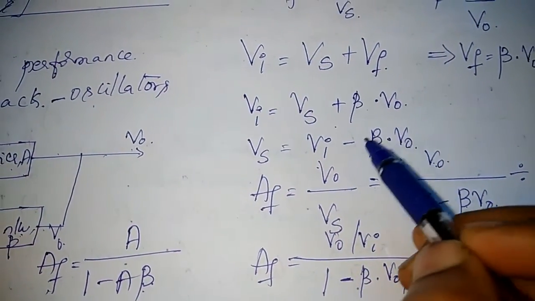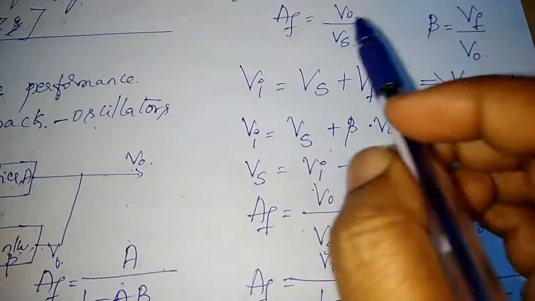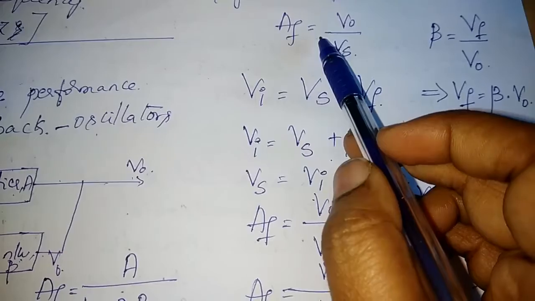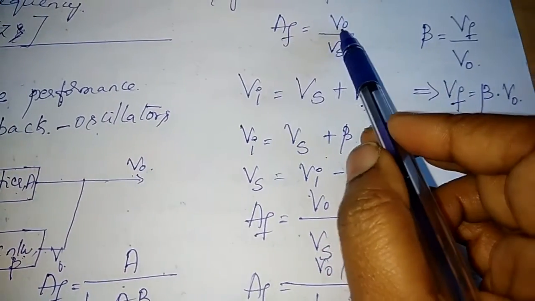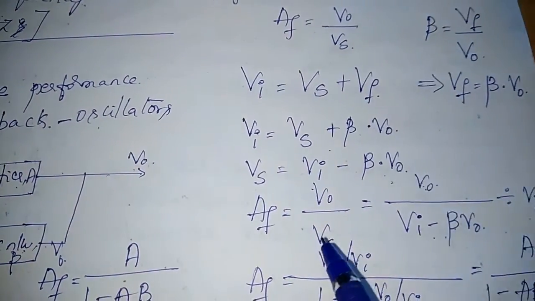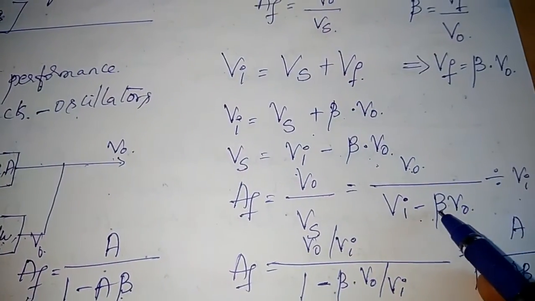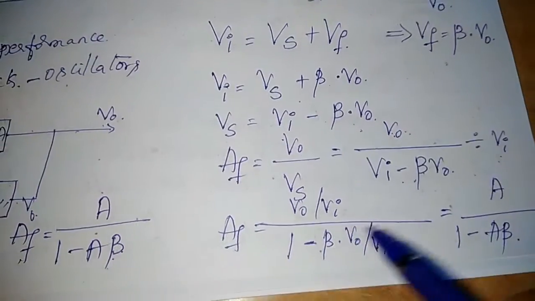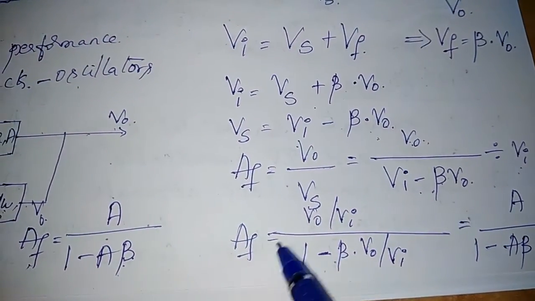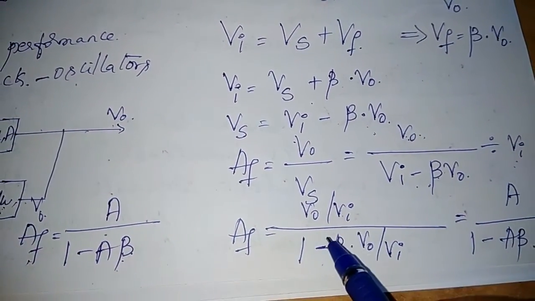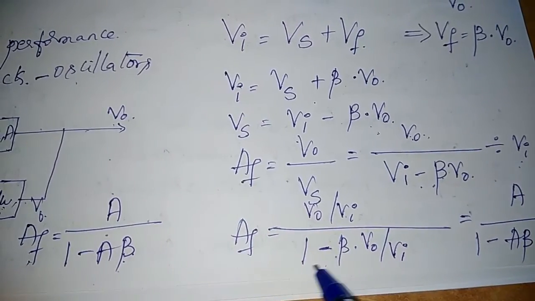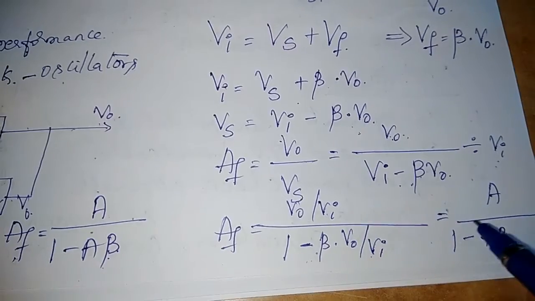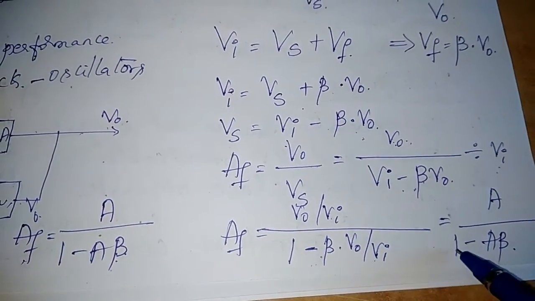Now I'll substitute this Vs equation in the feedback gain, the gain of the circuit with the feedback, V naught divided by Vs. Now you divide the numerator and denominator by Vi. I will get AF is equal to V naught divided by Vi, divided by 1 minus beta into V naught by Vi. This can be written as A by 1 minus A beta.